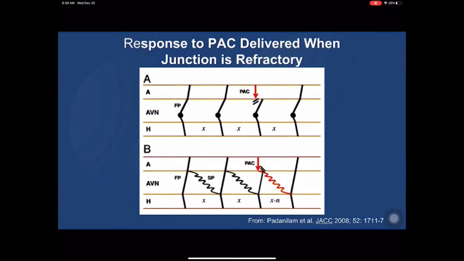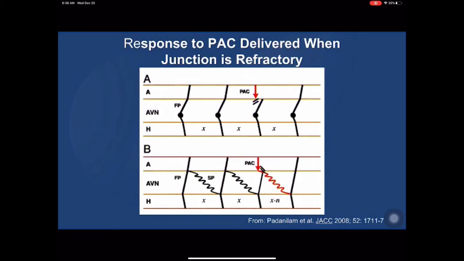This is a nice paper for you all to review by Dr. Padanilam. He works with me, and this was a very nice observation he published in 2008. So let's look at the schematic. In the schematic, let's say you thought this could be just a junctional tachycardia. If you put a PAC in after the junction has already discharged its impulse, you cannot affect the next one, because this area now has been refractory.